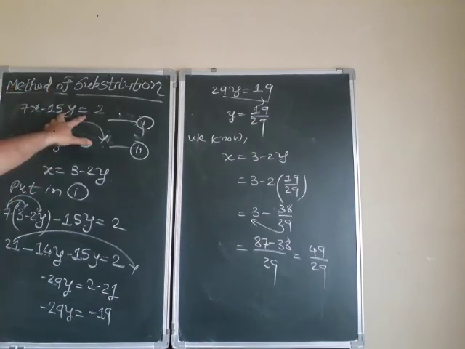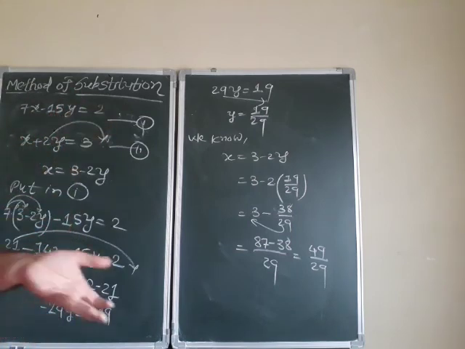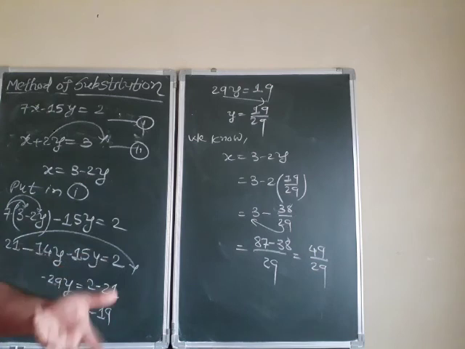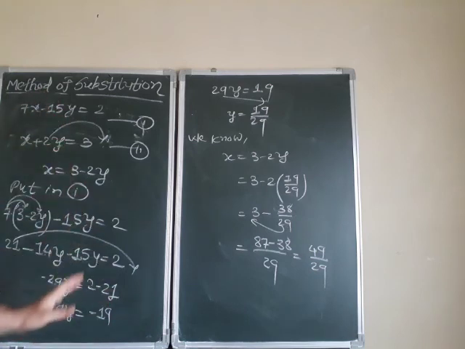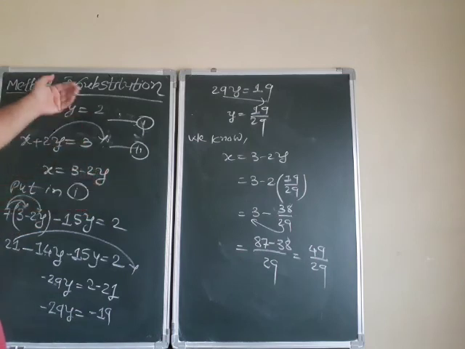But that would be tougher, because here the coefficients are hard prime numbers, 7 and 15. You may get denominators, and some confusion and lengthy calculations. But when I substitute the value from here, it becomes easy. So you decide for yourselves by looking at the nature of the equations. It is not compulsory that we always get the value from equation 2 and substitute it in 1.